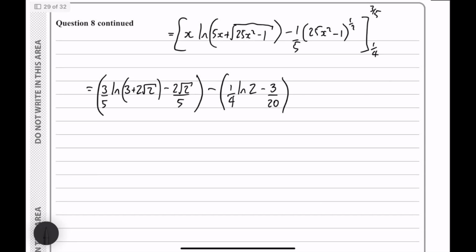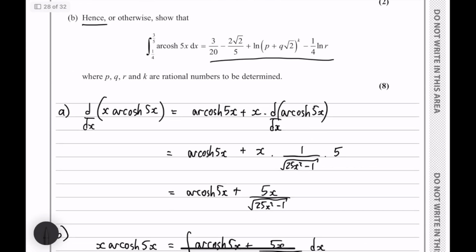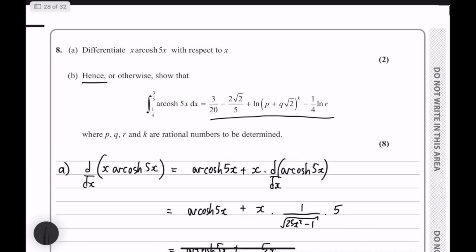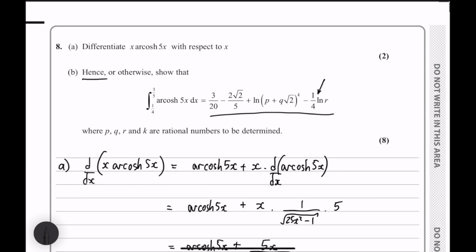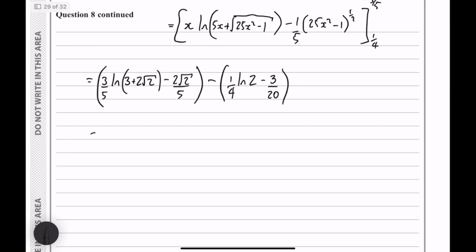Throwing everything on the calculator there. And then how do they want this to actually look? We've got the 1/4 log stays as a 1/4 log, but the other log becomes a power. So what was our other log? 3/5. So the 3/5 is going to become a power.